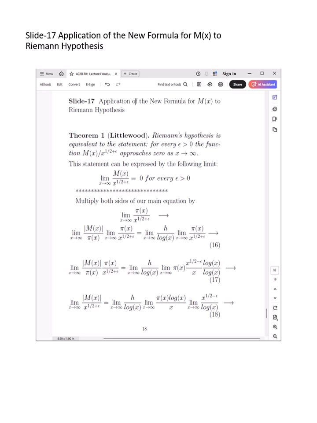Then, multiplying the right side of the equation by log x divided by log x, which equals 1, and using limit theorems, we can write equation 16 as shown in equation 17. Applying limit theorems again, equation 17 is written as shown in 18.